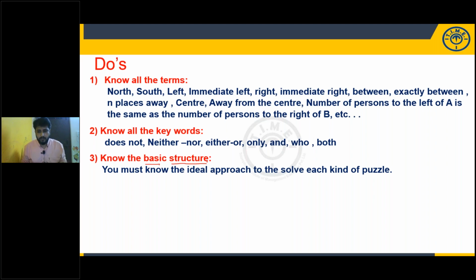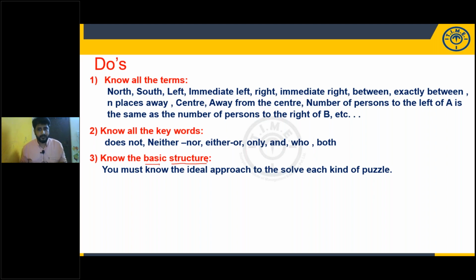And one more important thing when it comes to puzzles, not only for IBPS RRB, it is true for IBPS PO, SBI PO, and every bank exam and every insurance exam. This feedback is exactly given by our students who have appeared for bank exams and have succeeded.